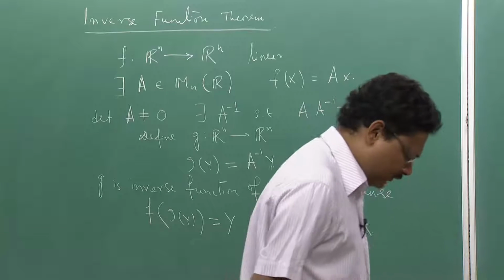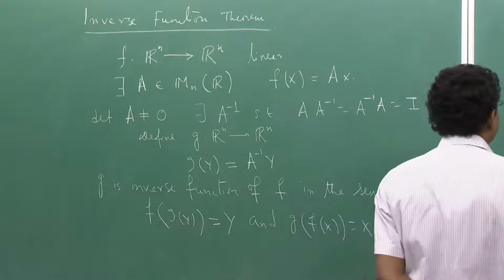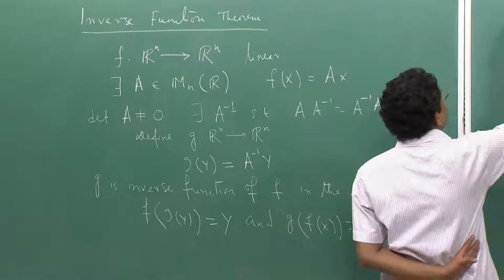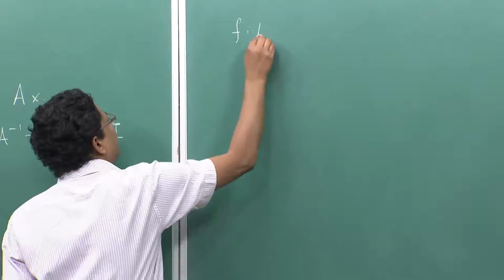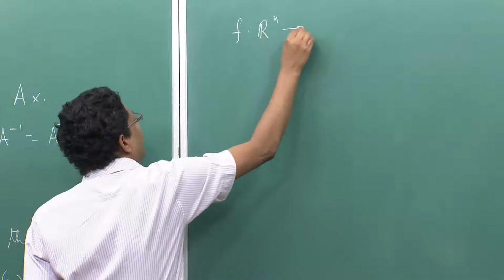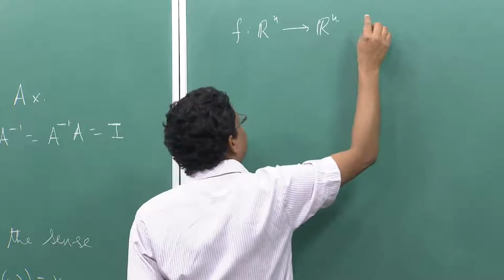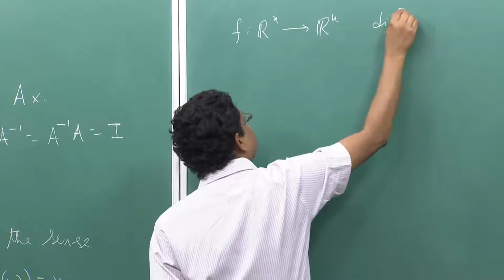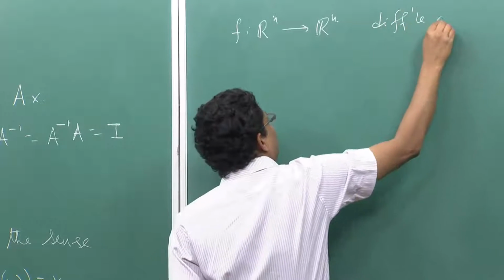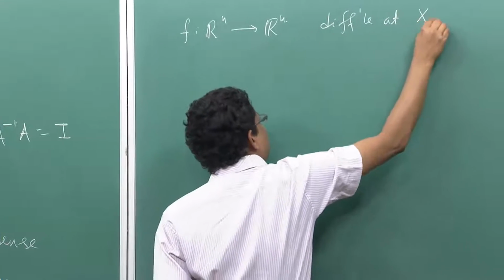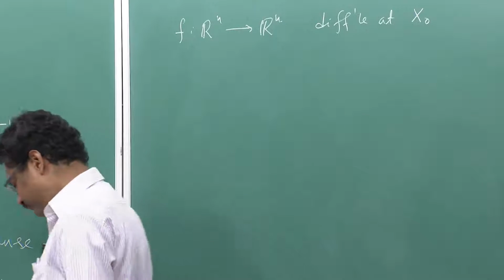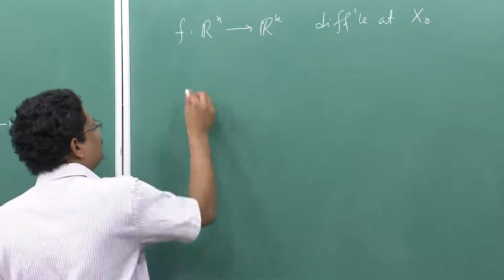Now, if we go back to a differentiable function, suppose f from Rn to Rn is differentiable at, say, x naught. Then what do we know?